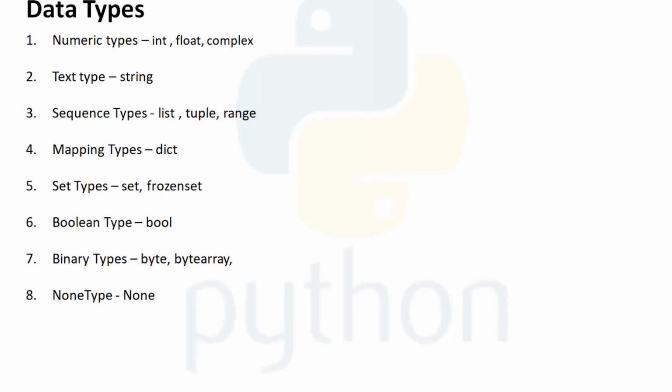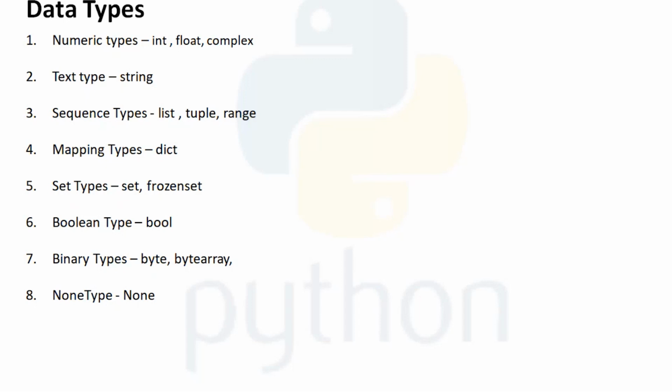The key will be something like a roll number and the value will be the actual name. Roll number 1 will have one name, roll number 2 will have a different name. So this is dictionary. And then we have set and frozen set.